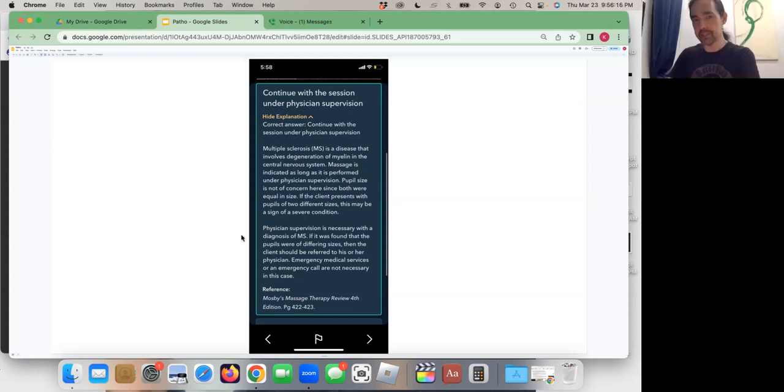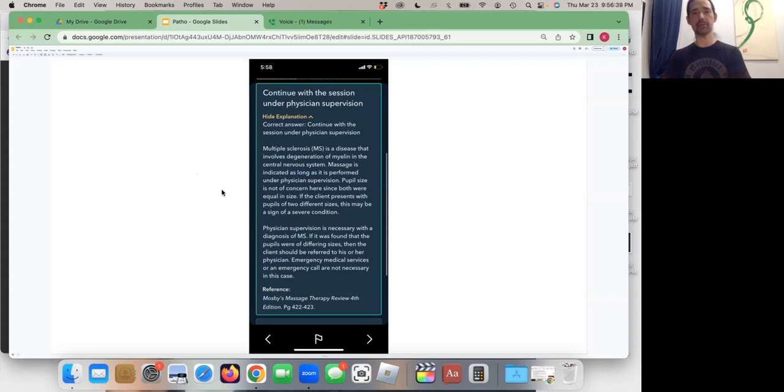Let's read the explanation and see. So multiple sclerosis is a disease that involves the degeneration of the myelin in the central nervous system. Massage is indicated, that means beneficial, as long as it is performed under physician supervision. Pupil size is not of concern here, since both were equal in size.